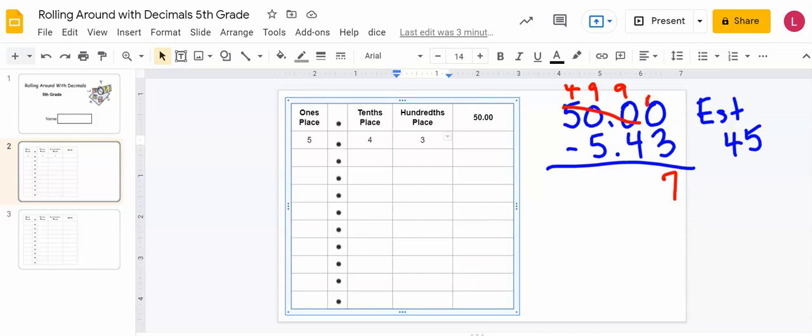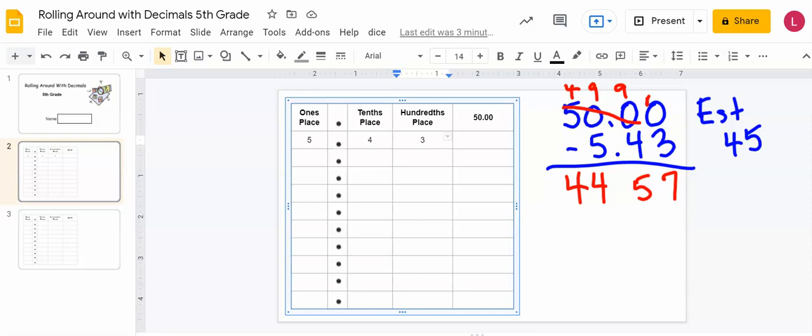And now I can take away my tenths. And a really important thing was I'm lining up those decimals so that all my place values are in the same place. So now I'm taking away my whole numbers. So that is 9 ones minus 5 ones is 4 ones.